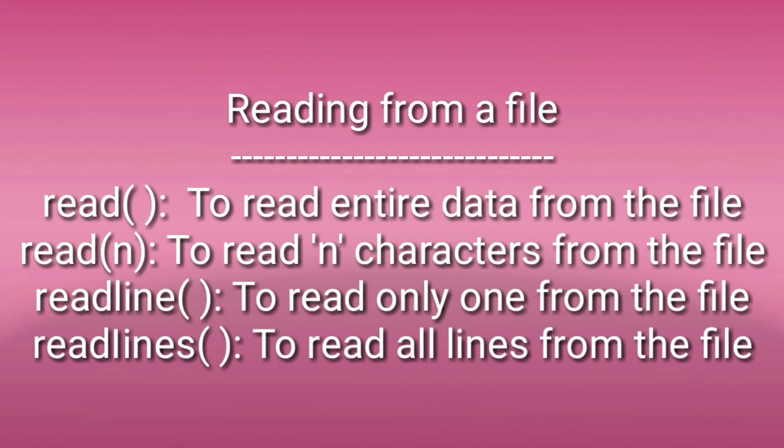The third one is readline, which is used to read only one line from the file. It starts reading from the cursor up to and including the end of the line character.